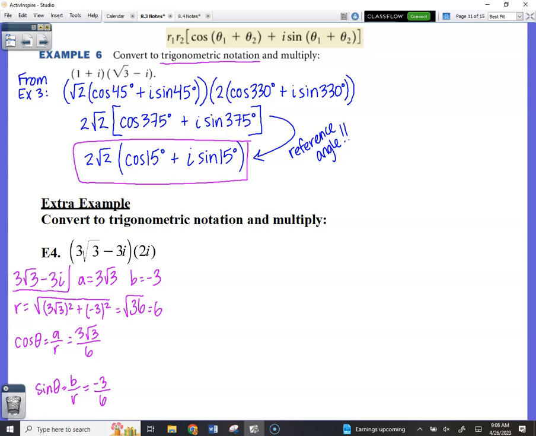This 3 in the front of the radical would divide into the bigger number, the 6, and leave a what behind? This 3 would divide into the 6, leaving a 2, right? So that's square root 3 over 2. This would be negative 1/2.